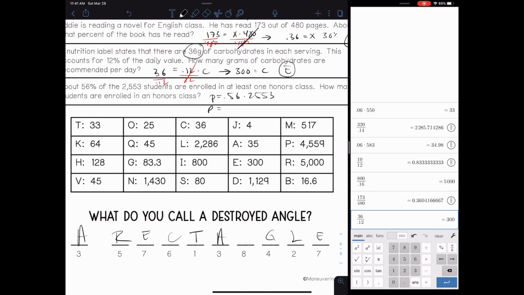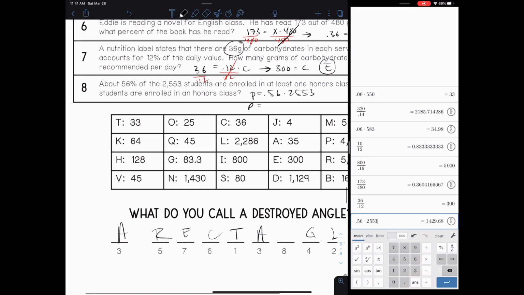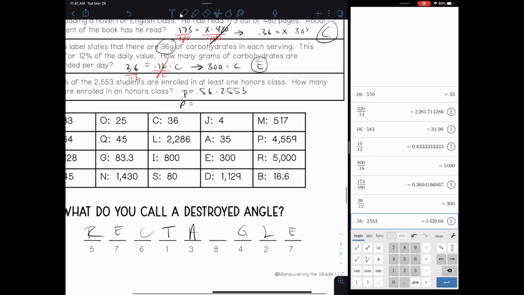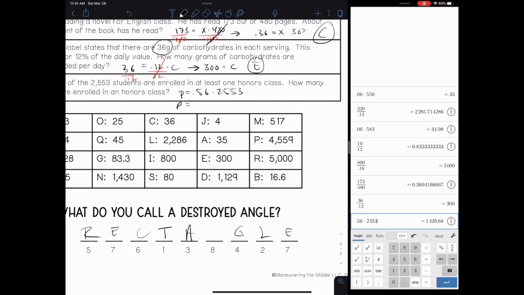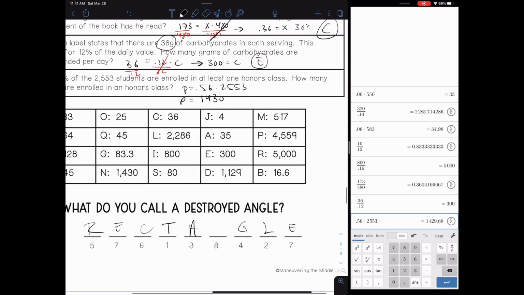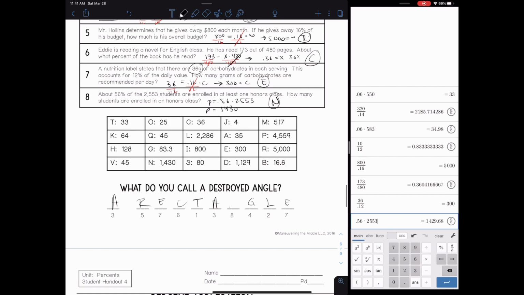If we multiply that out, because P is already isolated, we got 0.56 times 2,553. Well, I guess we'll just round. That's going to be about 1,430 students. So it should be N, I'm guessing, right? Yep, there it is. So wherever I see a number 8, I'm going to put N.